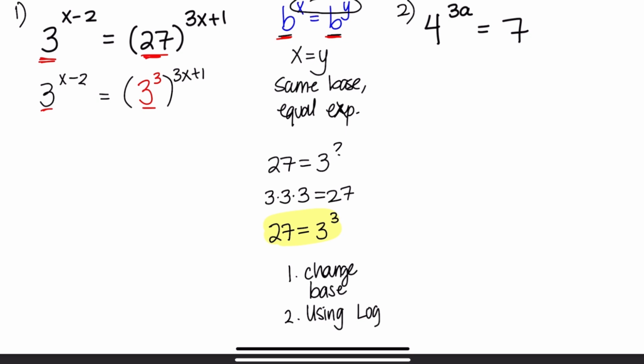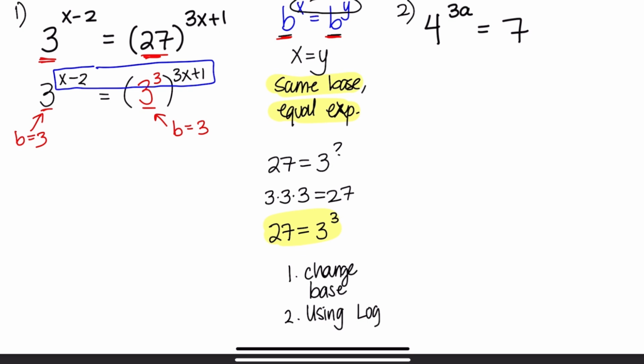Now from here, I see my base over here, b equals 3, and I see my base over here, b equals 3. Back to what we said, the property of equality of exponential equations: because I have the same base, I can also set my exponents equal. So everything up here at the top as an exponent is going to be equal to each other. Our goal is to find the value of x.